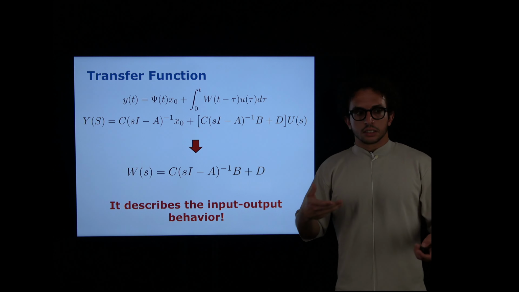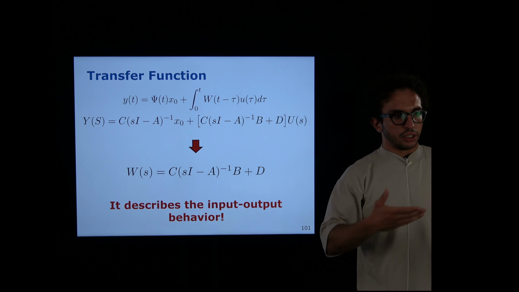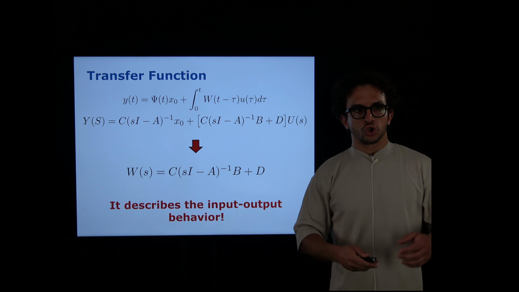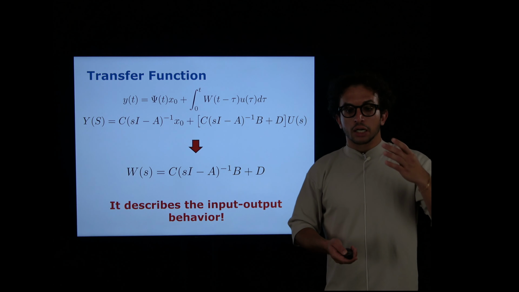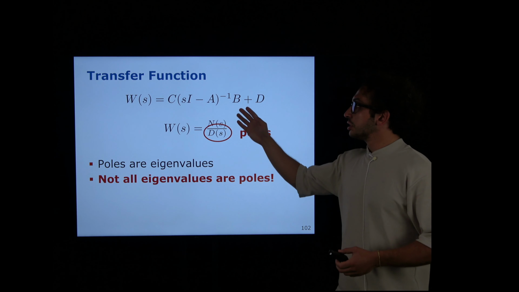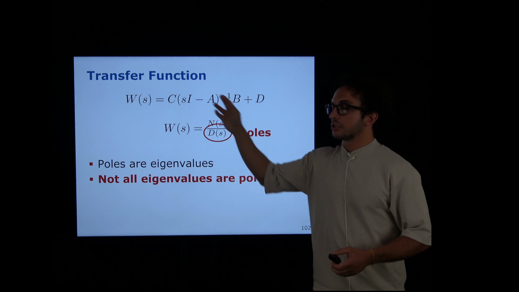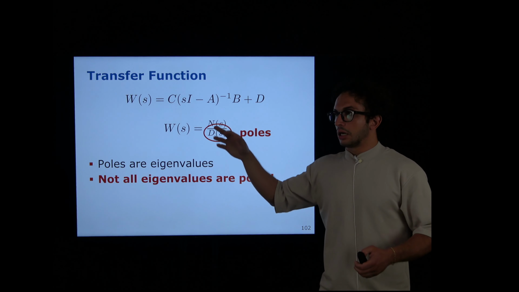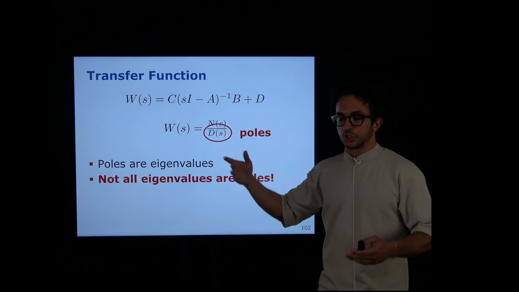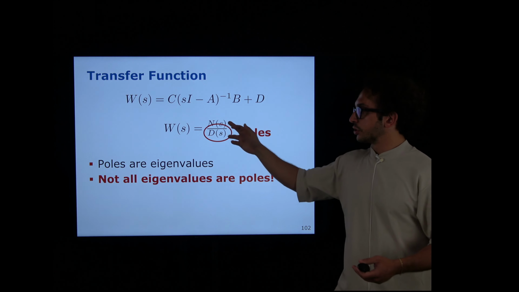Since it gives all the information about the input-output behavior, it should embed some information about stability. Actually it does. The transfer function has a matrix inversion in it, so it will be a fraction which has s, this complex variable, in both numerator and denominator.